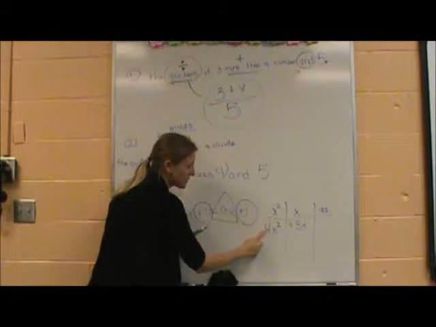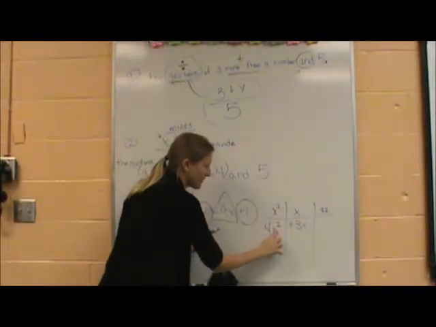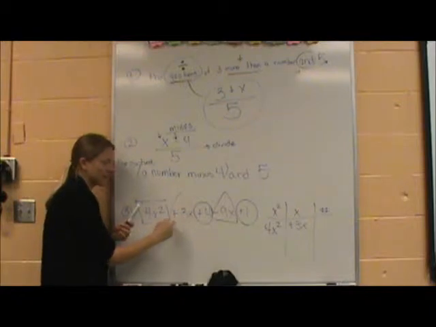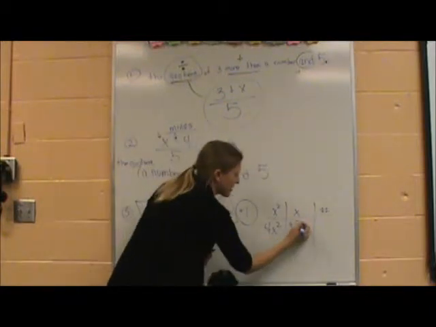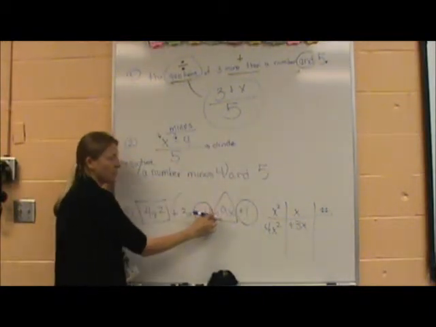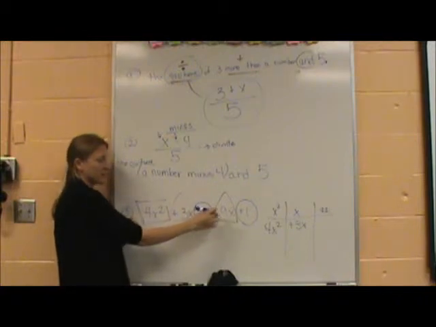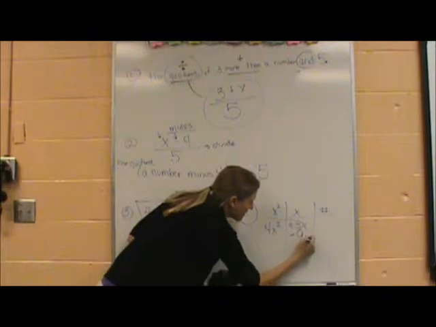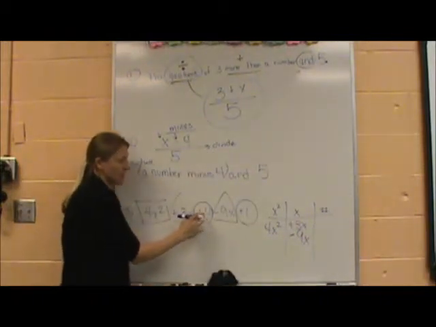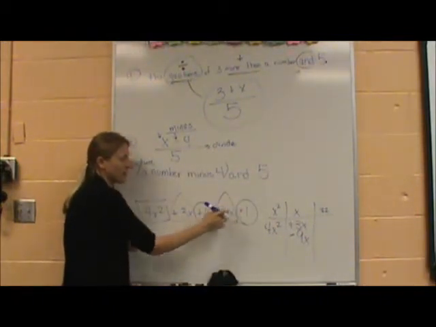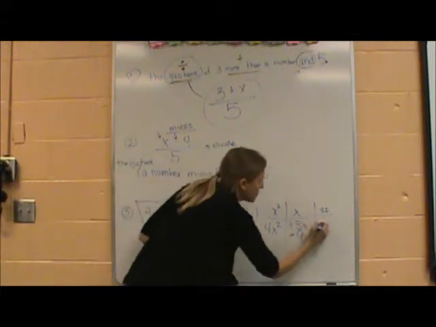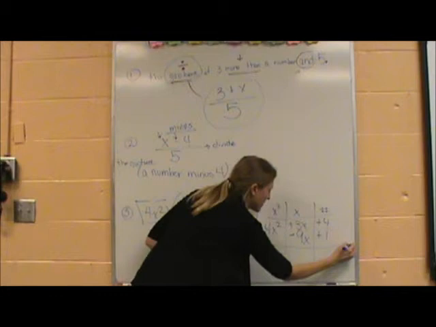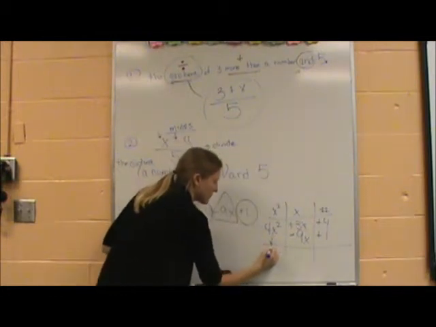And if it has no sign, it automatically is positive. If it was a negative number, it would have a negative sign. Here, it has a plus sign, so I want to put plus 3x. I'm going to put my other triangle, which is my minus 9x. It tells me I want to minus it. Then I have a plus 1 and a plus 4 and a plus 1. So I'm going to put plus 4, plus 1. And I'm going to bring it all together. So I'm going to bring down my 4x squared.